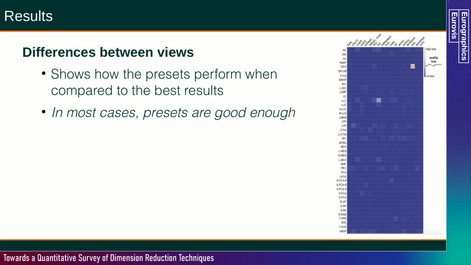Then we take one view and subtract it from the other to show how the presets perform when compared to the best results. And in most cases, surprisingly, presets are good enough, as you can see by the low error in most of the cells in this heat map.